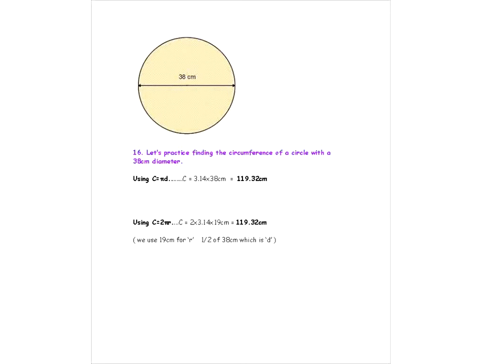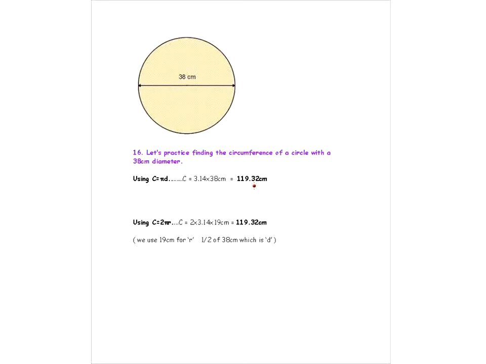All right, so let's practice this then. Let's find the circumference of a circle that has a diameter of 38 centimeters. We want to use the formula c equals pi times d, because we're given d. Pi is 3.14, so where we see the symbol pi, we just write in 3.14. We know diameter is 38, so we multiply 3.14 times 38, and we get this number here.